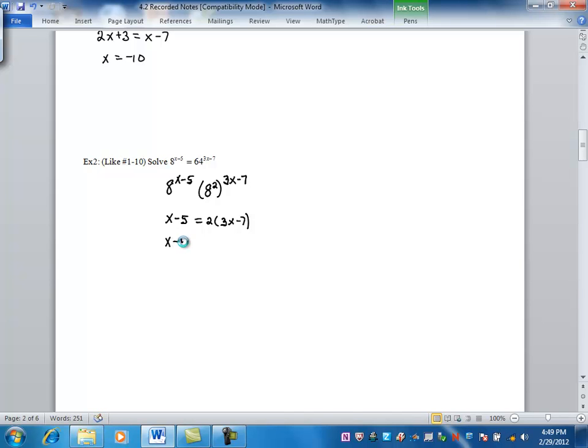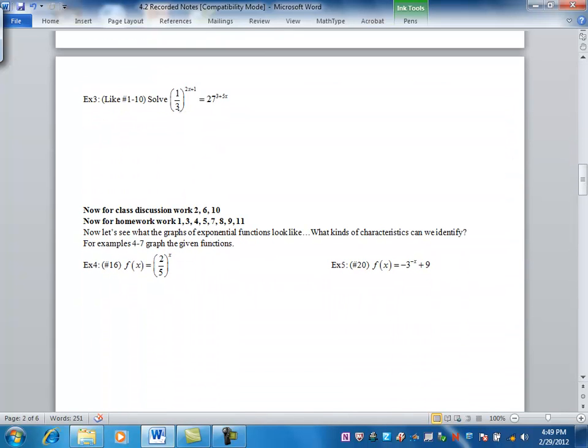We get x minus 5 equals 6x minus 14. We can solve for x now. Subtracting x, we've got negative 5 equals 5x minus 14. We'll add 14 to both sides, and so 9 equals 5x, and we find out that x equals 9/5.